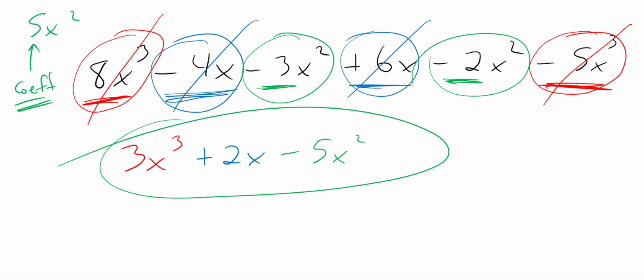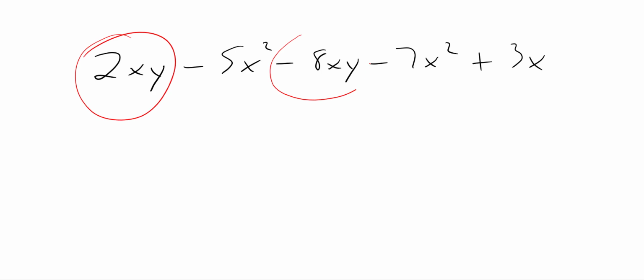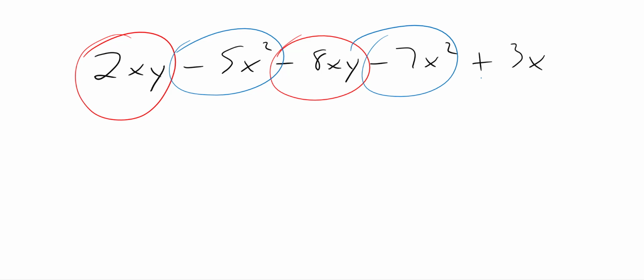Okay, so real quickly, let's do a little crazier one, just to show you some more like terms. 2xy minus 5x squared minus 8xy minus 7x squared plus 3x. Okay, so 2xy minus 8xy, and negative 5x squared minus 7x squared, and this one's all by itself.